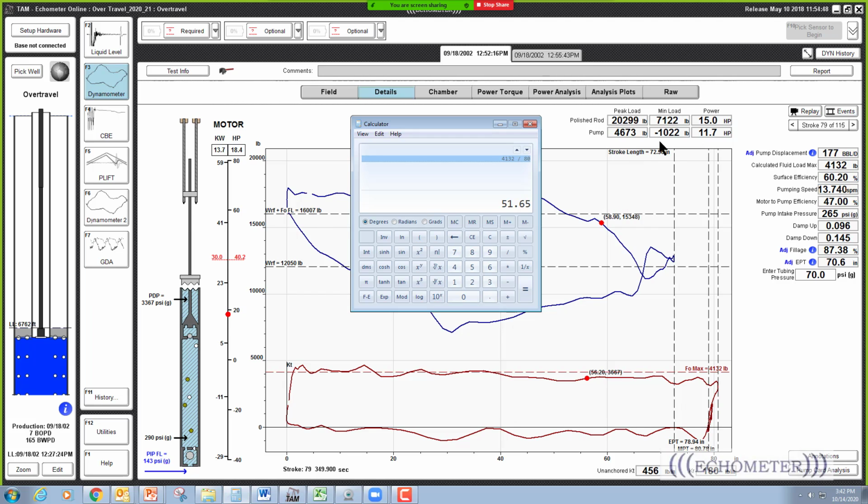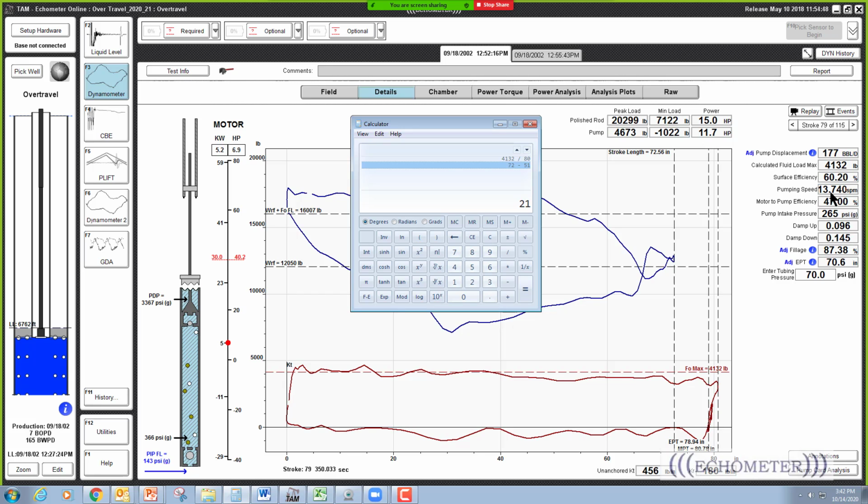So the surface stroke, which is 72.5, minus the stretch is a lot. The downhole pump stroke, if we were going really slow, would be 72 minus 51. Let's do that. 72 minus 51, hopefully 21 inches. So the pump stroke is only 21 inches without pumping fast.